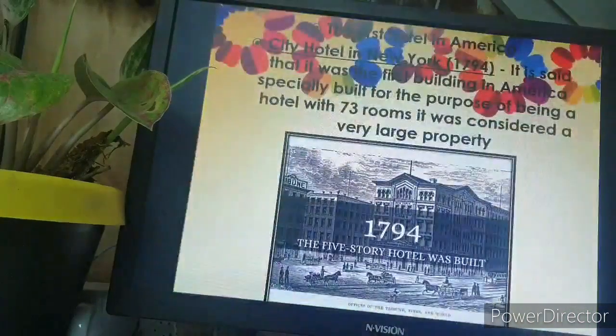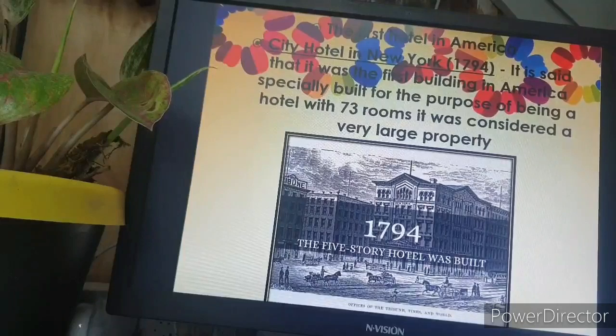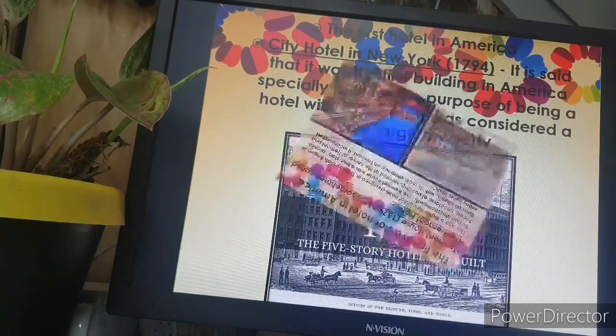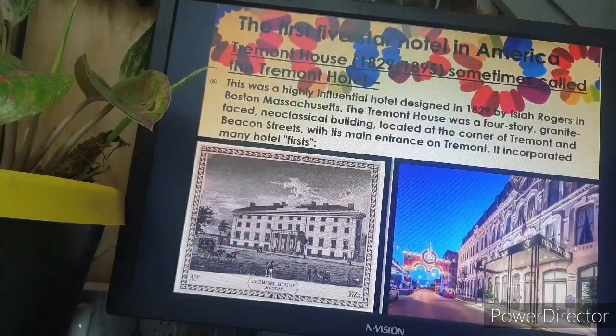Okay, so the first hotel in America, of course, the City Hotel in New York. And imagine that one, a 5-story hotel with 73 rooms. Next in line, the Tremont House, and sometimes they already called it the Tremont Hotel. Every hotel started from an economy hotel, as inns, lodging houses, but step by step they will change that.